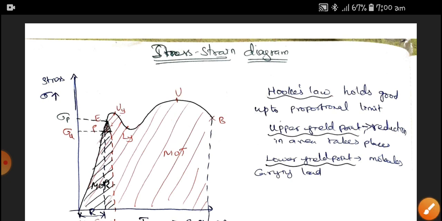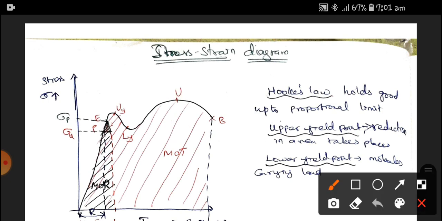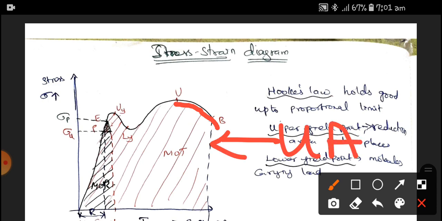Therefore in theory, we draw the curve from ultimate to breaking in the downward direction, assuming a uniform area in the material. But in the practical case, the necking is formed at the ultimate point. Therefore there is a reduction in area, so the true stress strain diagram tends upward, and breaking occurs at the upward end.